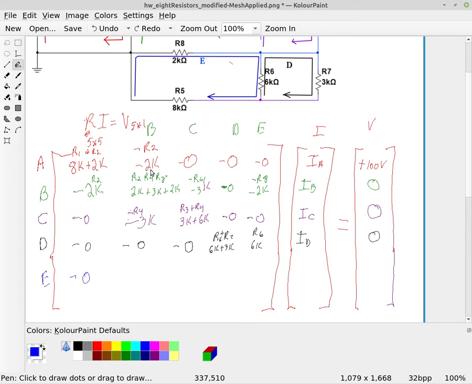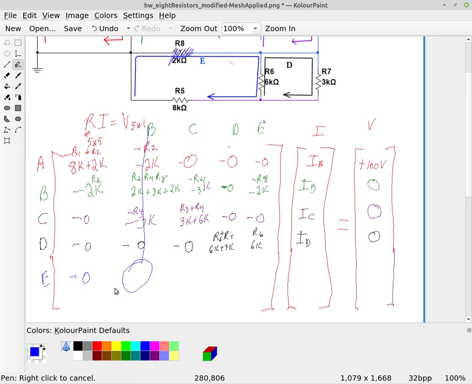All right. Likewise, if we look at the B, if we look at the EB, we see a -2K there. So those are being shared. So you see that right here. So now we're at the BE.